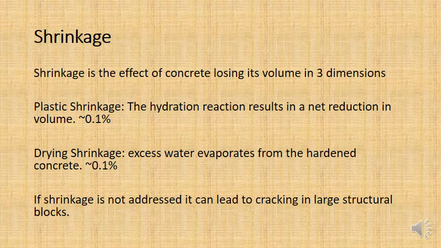Now that excess water is going to evaporate from the hardened concrete. When that happens, the concrete is going to first have voids inside it, so that's why a high water content leads to a weaker concrete, but also it's going to shrink ever so slightly, and it's a tiny amount. It's about 0.1% in each dimension, height, width, and length.